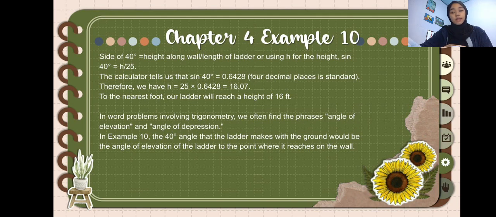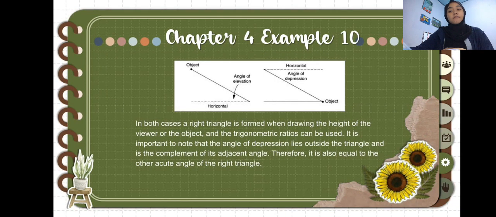To the nearest foot, our ladder will reach a height of 16 feet. In word problems involving trigonometry, we often find the angle of elevation and angle of depression. In both cases, a right triangle is formed when drawing the height of the viewer or of the object, and the trigonometric relation can be used.